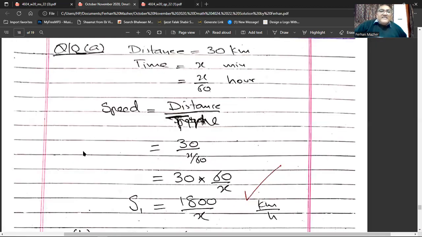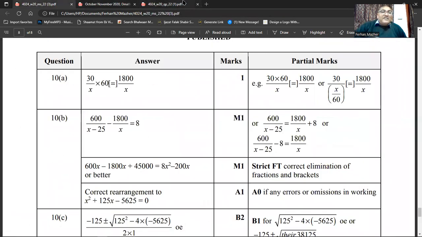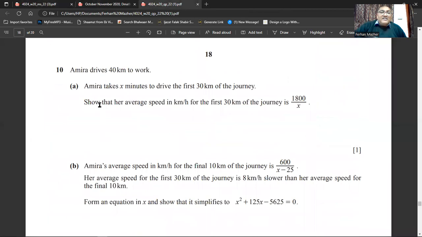So the distance is 30 kilometers, the time is X by 60 hours. And the speed is distance divided by time, so that is 30 divided by X by 60. So when you bring that fraction upstairs, you will have 30 into 60 by X. So that will be 1800 divided by X in kilometers per hour. So this is how you will show this. That's the A part of question number 10.